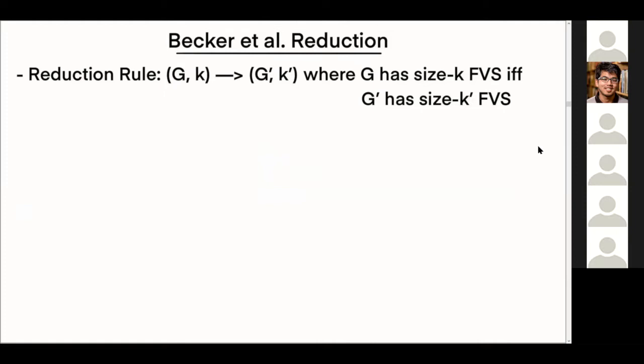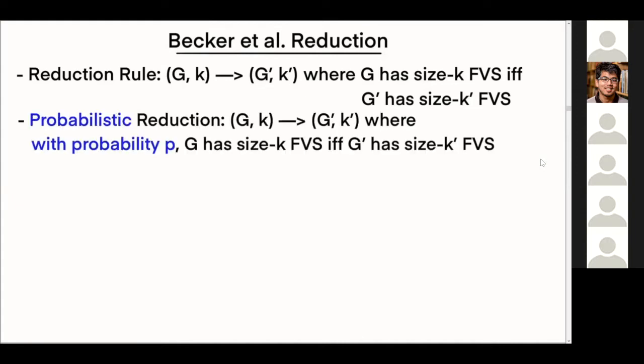So let's first quickly go over intuitively how Becker's reduction works, and why it gives us a 4 to the k algorithm. It's more convenient to think of their algorithm as doing a probabilistic reduction, going from G comma K to G prime comma K prime, where this reduction can only succeed with some probability P. Think of P as like a constant.